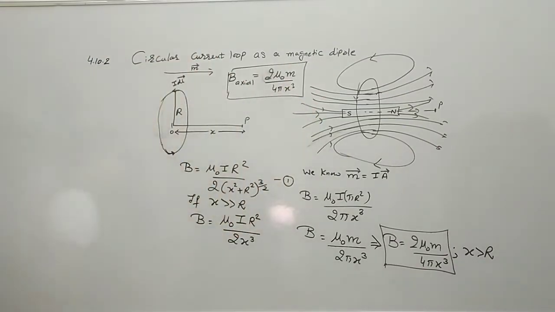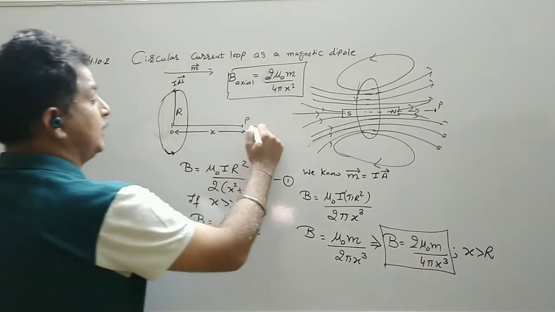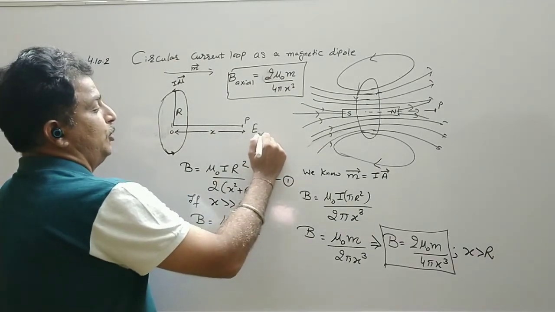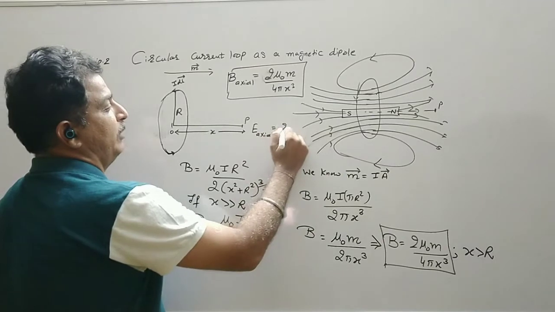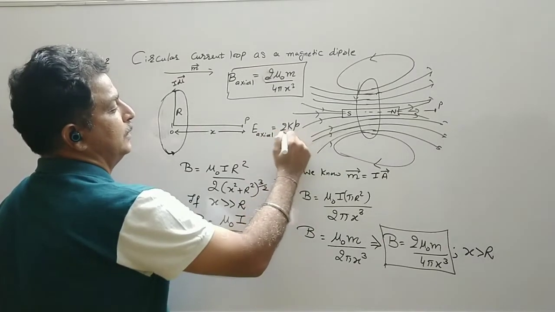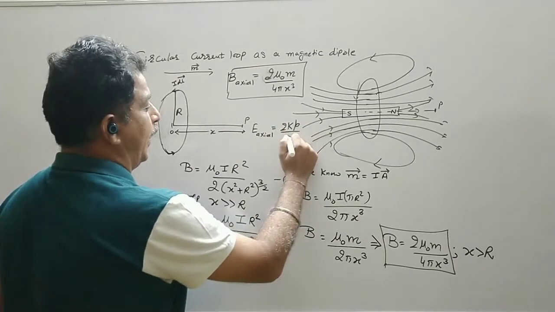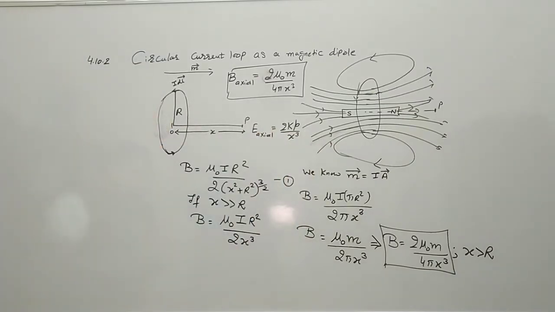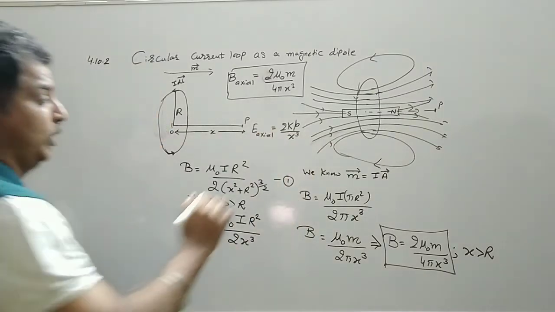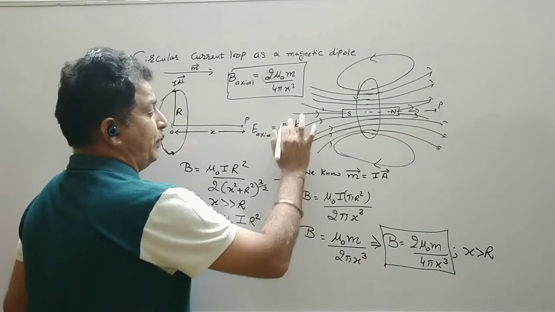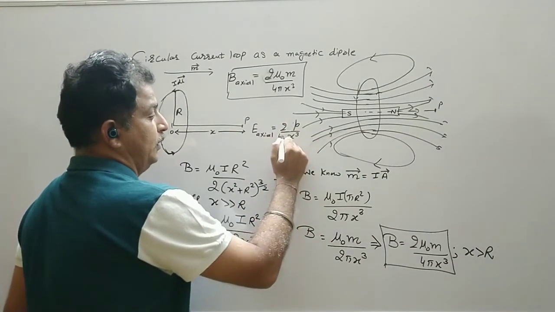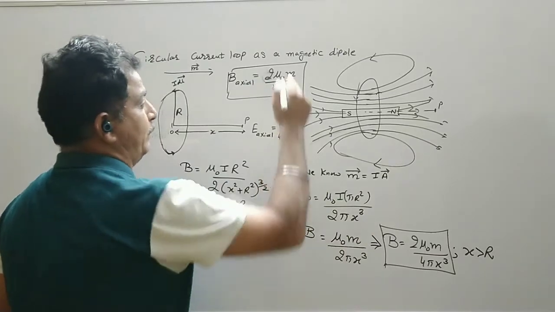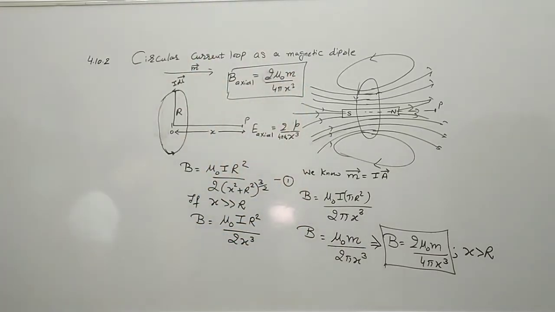And if you remember, the electric field intensity due to a dipole was given by 2 kp upon x cube, or y cube or z cube, where k was equal to 1 upon 4 pi epsilon naught. So in the place of 1 upon epsilon naught we have mu naught. See, other constants are same.